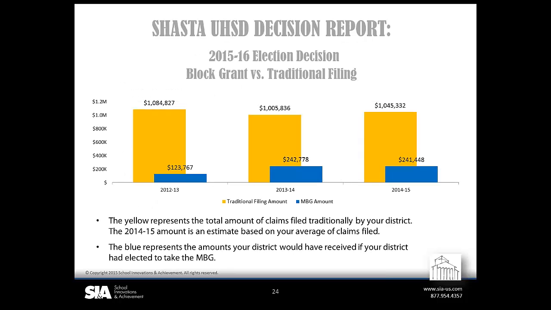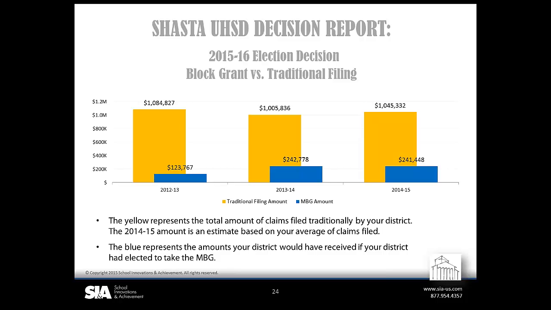So this is what I sit down with annually with our rep from SI&A. This is essentially what we're looking at, comparing the traditional filing versus the block grant dollars that we could get. And you can see that gap that exists.